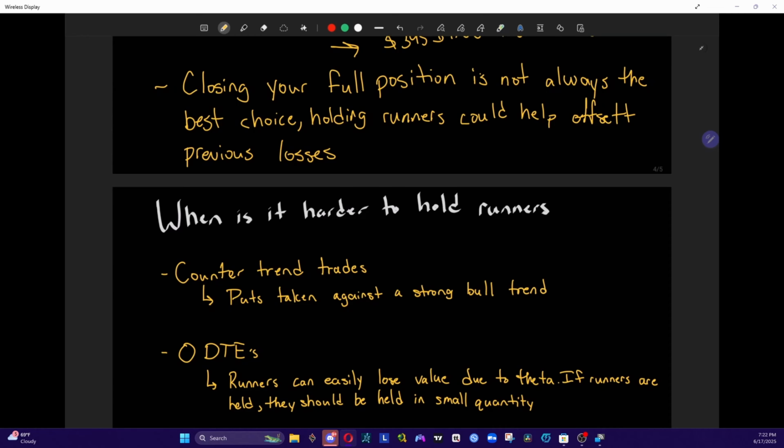But that does not mean you hold the majority of your position. Which means if you want to hold runners on zero DTEs, you primarily would want to do that on trend continuation trades. So very simple, because if I'm over explaining, the reason I over explain is because I get questions to answers I already gave.